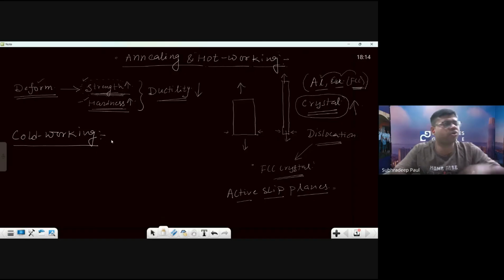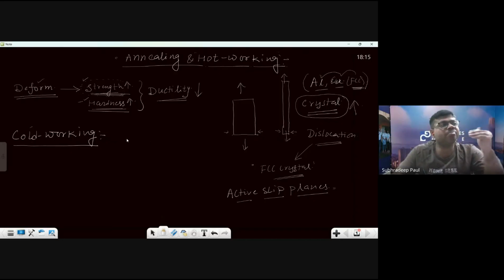Now, if you talk about cold working, we need to say what cold means. Cold here doesn't mean we are talking about the freezing point or something like that. Cold working here is more specific about the temperature at which we are deforming a particular material.